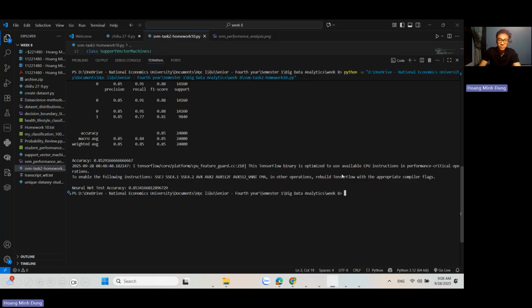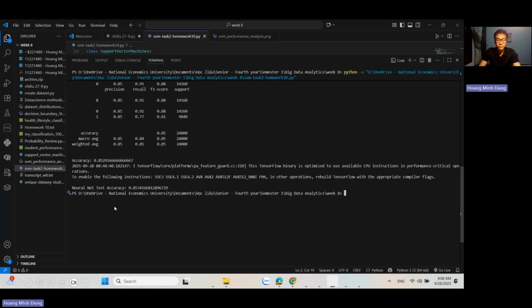Here is the final slide showing the terminal output. We confirm our findings. We can see the detailed classification report and the final accuracy score of approximately 85.3%.